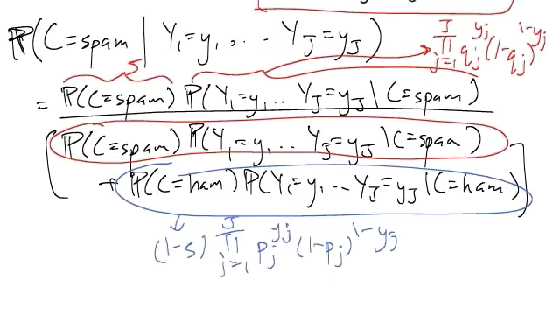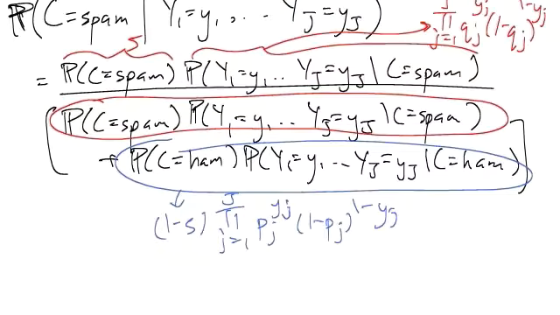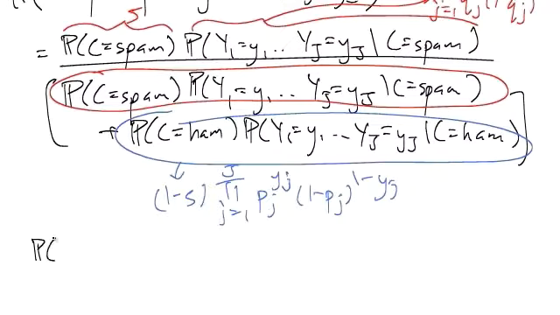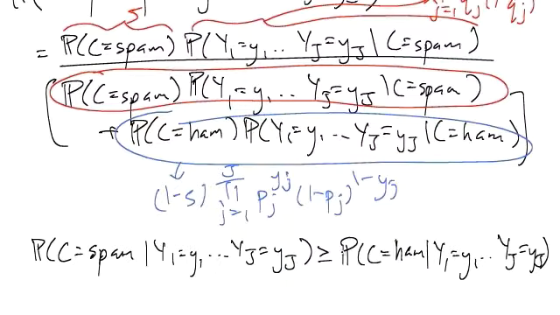Something to note is that for detecting whether something is spam or ham, you can just look at whether the probability that C equals spam given y1 equals little y1 to yJ equals little yJ is greater than or equal to the probability that the label is ham given the features. The equal-to part is not very interesting, but if the spam probability is bigger, then we could declare that the email is spam.